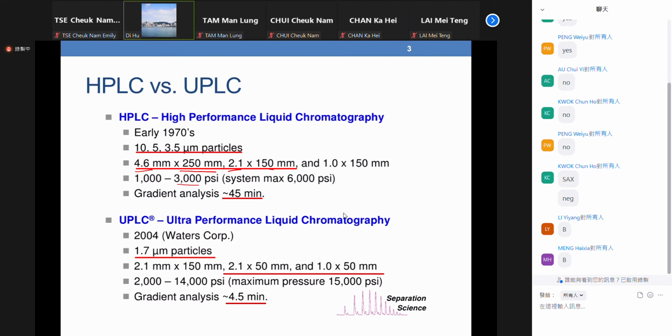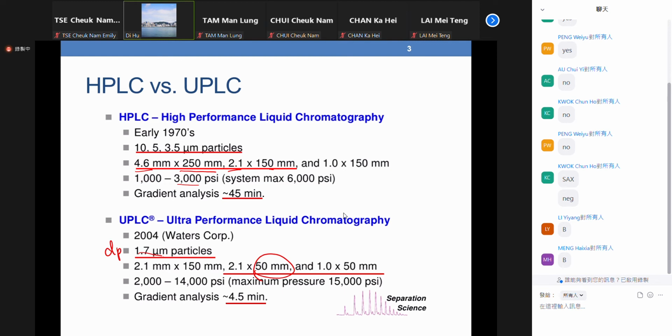But UPLC was developed in 2004. For dP, the diameter, we can see that now it decreased to 1.7 micrometer, and the column can be even shorter, like 50 millimeter long. Because it is using much smaller particles, it is more difficult to push the solvent through the column.